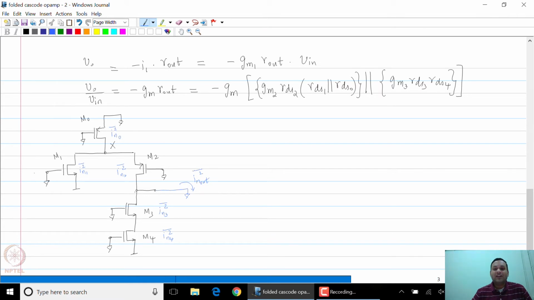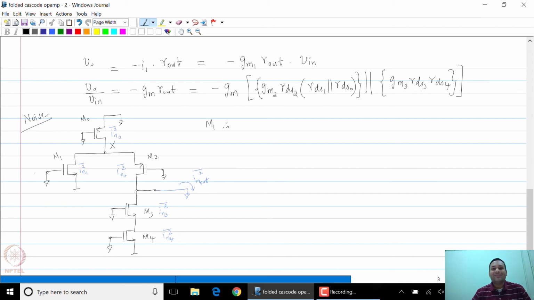We will of course assume that the noise of each transistor is uncorrelated with each other. And now we need to find out the mean squared sum at the output node. Let us start going through each of these one by one. So this is noise analysis.